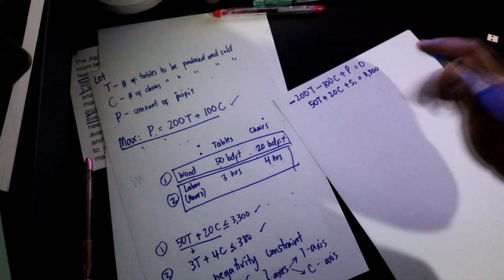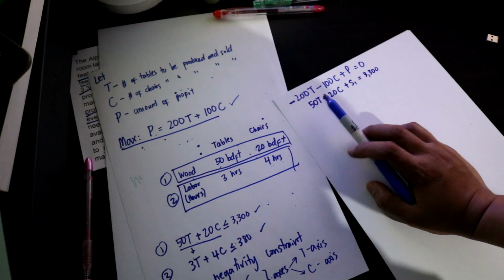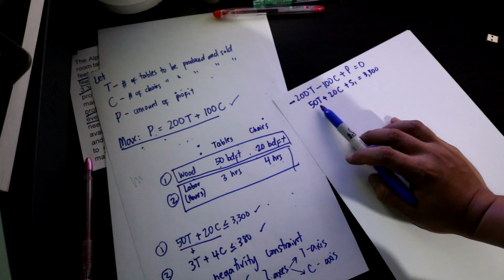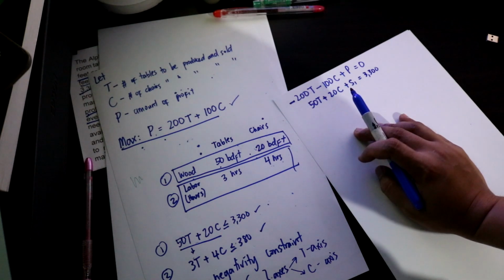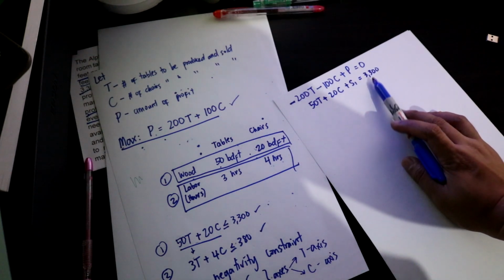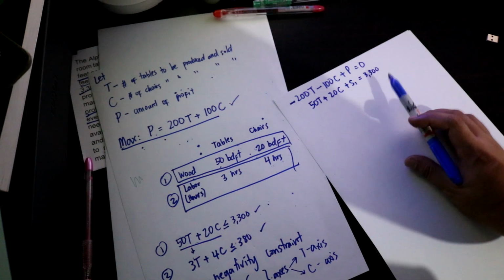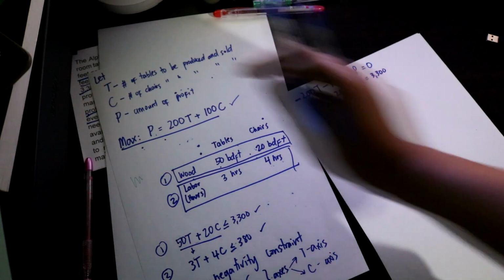So if for example we are going to produce 2 tables and 2 chairs, how much wood are we going to use? So 100 plus 40, that would be 140. Since we have only used up 140 board feet of lumber and we have 3,300 available, ibig sabihin, we have not used 3,160.